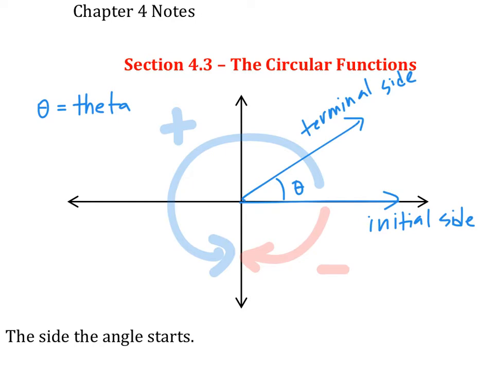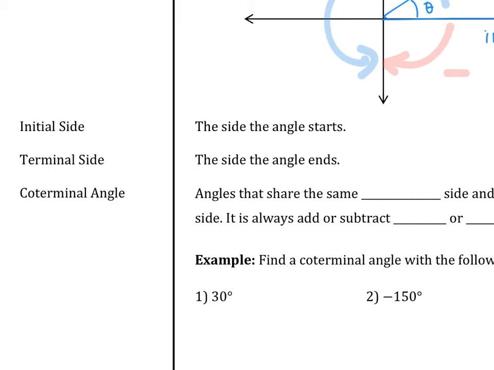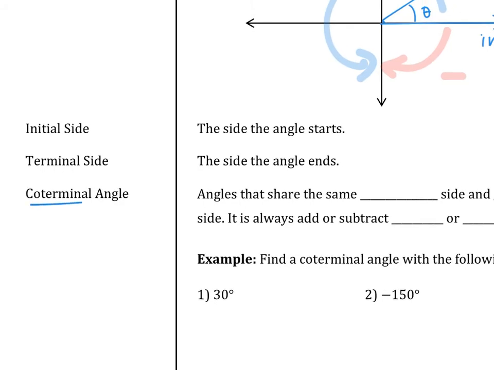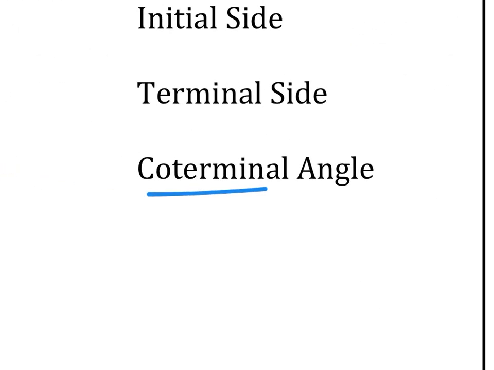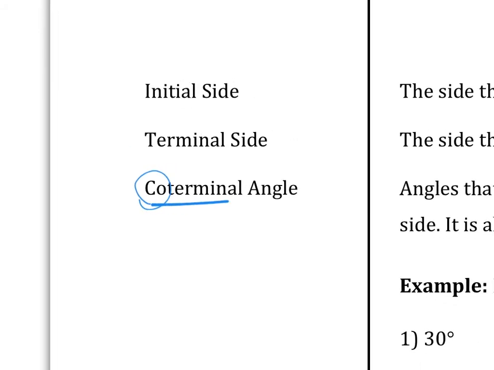Okay. So angles that end on the same place, we call that coterminal angles. If you recall, co like co-pilot or co-worker, co means along with. So it's another angle that has the same terminal side, and we call that coterminal angles, as long as they end on the same side.